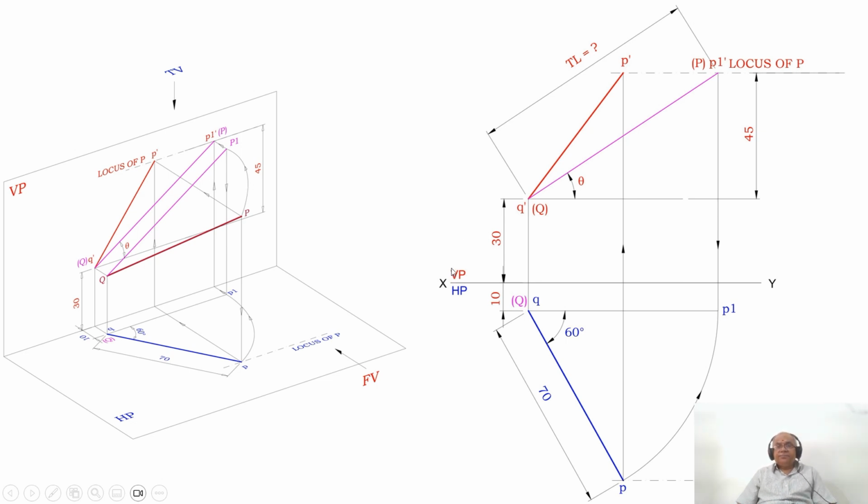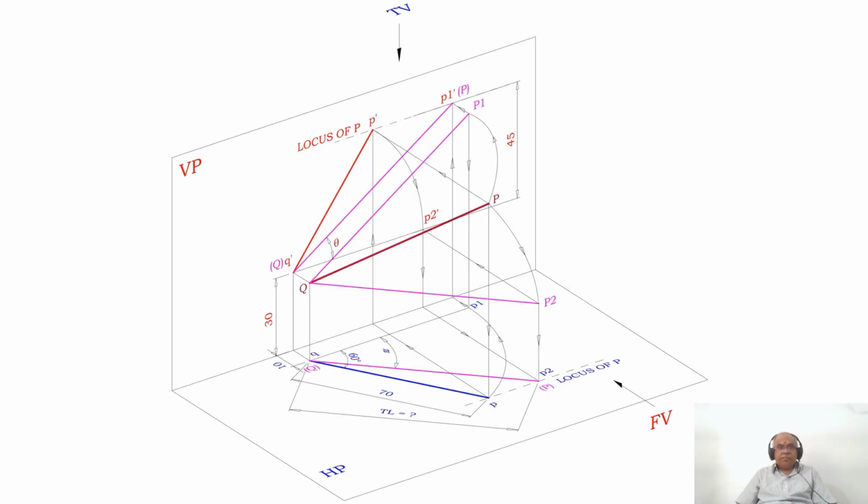Now, once you get that, how to do that now? Now we need to find the true length in the top view. How to do that? Here, you know that this is the line which is in space.